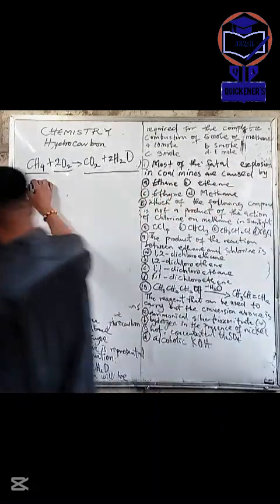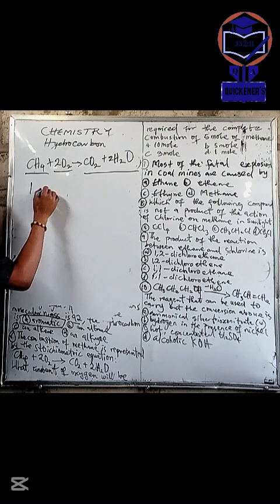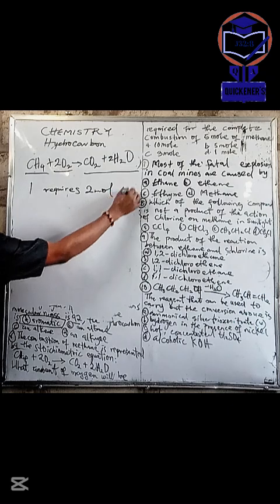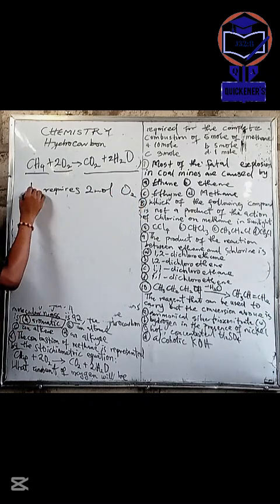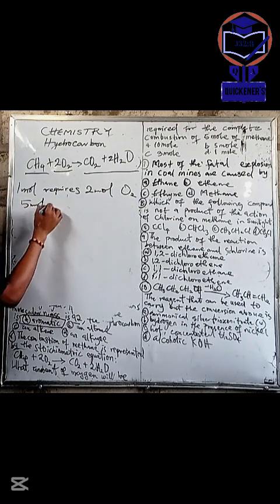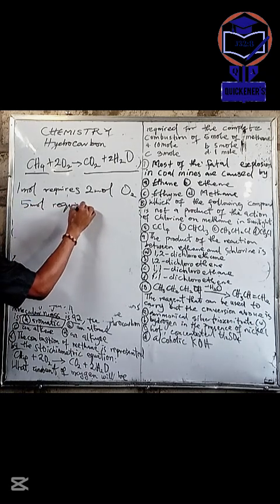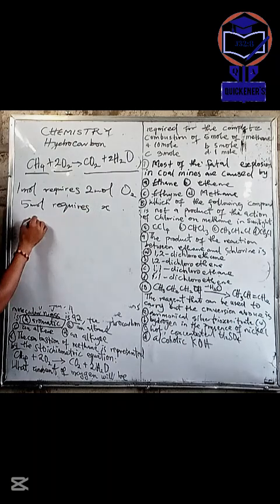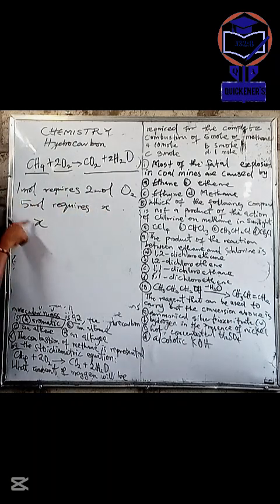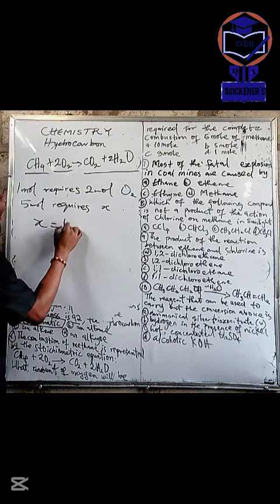So if 1 mole requires 2 mole of oxygen, then 5 mole requires what? X. So X is 2 times X times 1 is X. Then 5 times 2, that's 10.